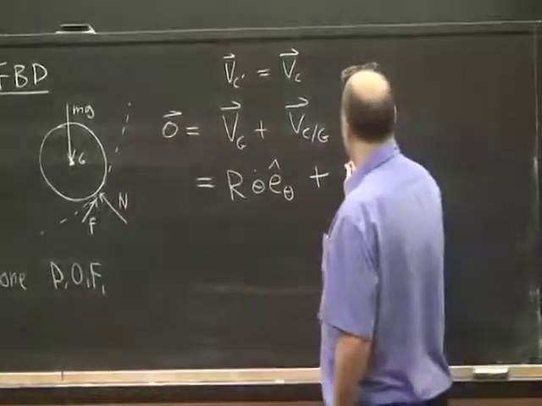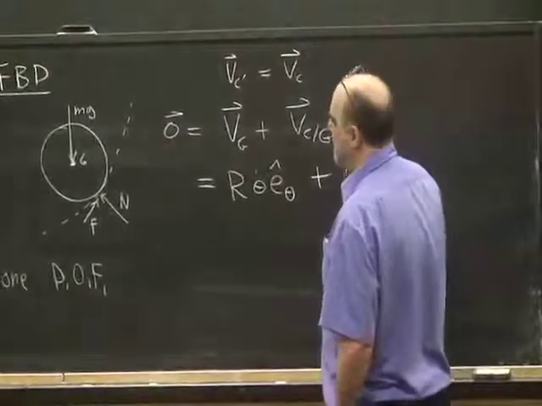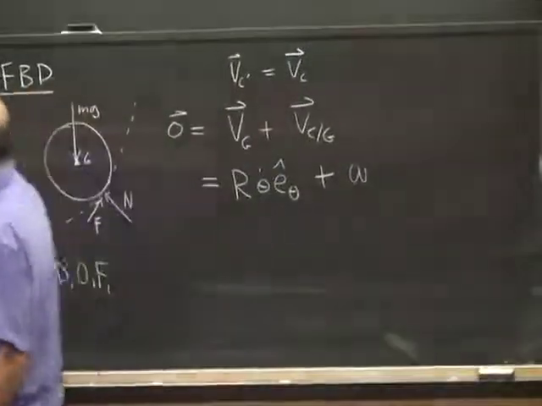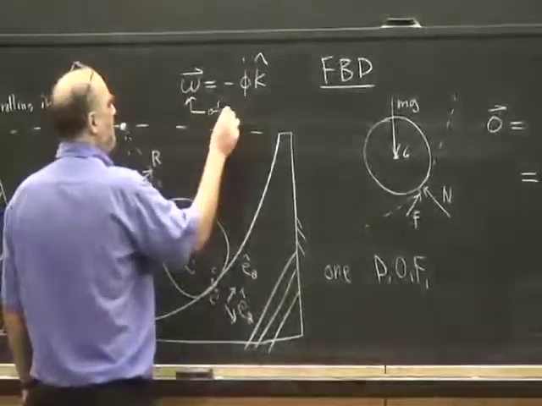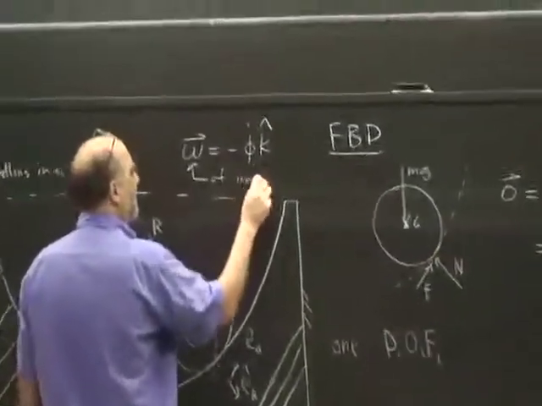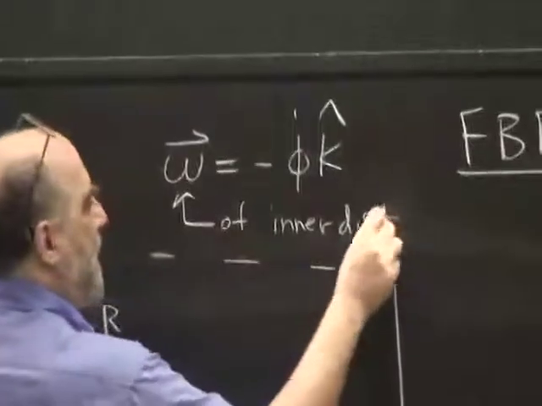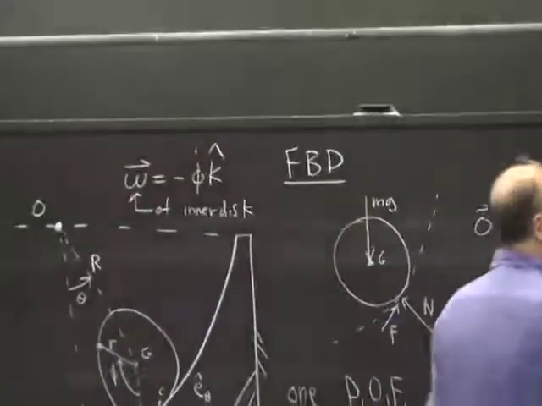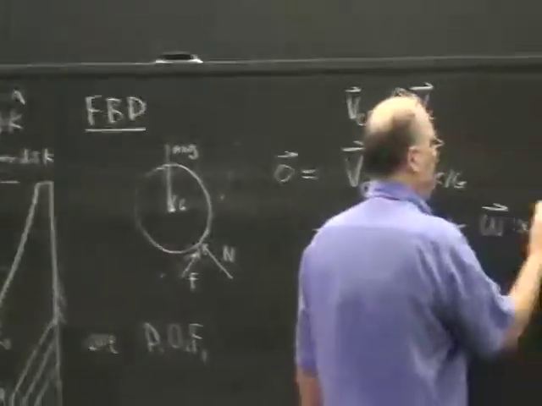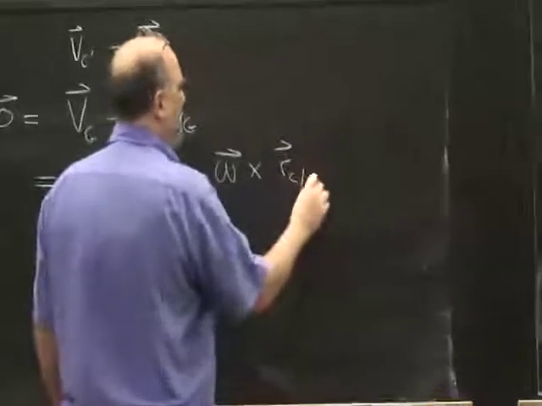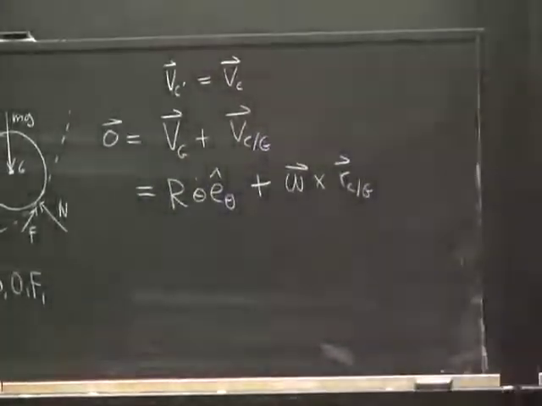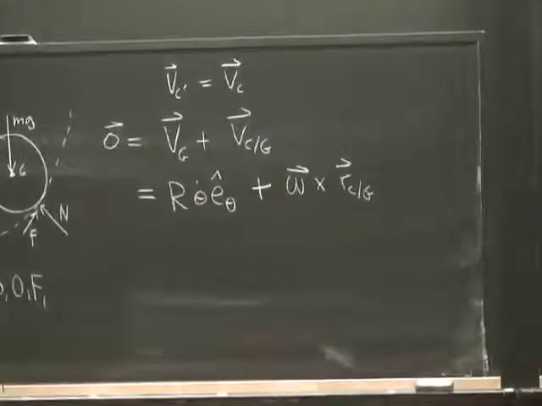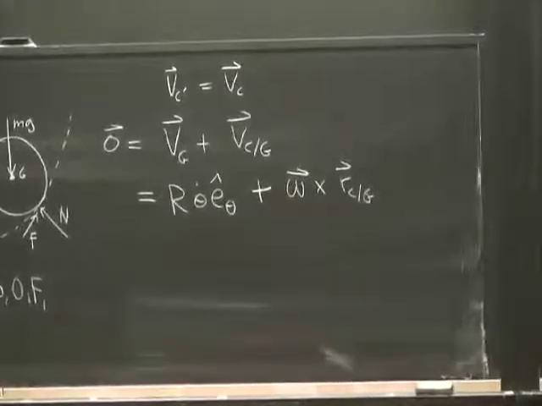So this is given by omega, and by omega we mean omega of the inner disk, because the outer disk is still. This is omega cross the position of C with respect to G. So that's plugging in 2 general formulas, one in polar coordinates, one about 2 points on the same rigid object. Any questions about that?